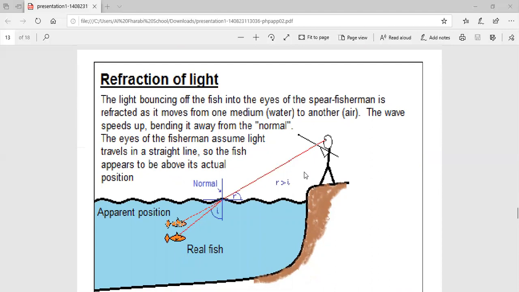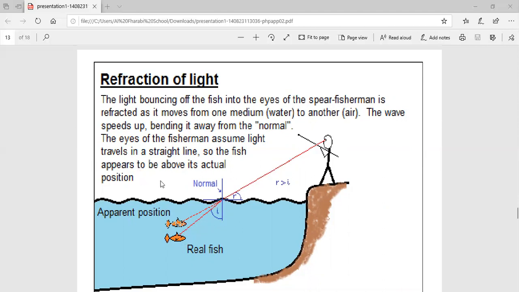Now, this is an example of how we see refraction of light in our life. Now, this is a fisherman standing up on a hill, as you can see him, and he's looking at the fish from his position. What will happen? Okay, now this is a light ray which is coming from the fish to his eyes.